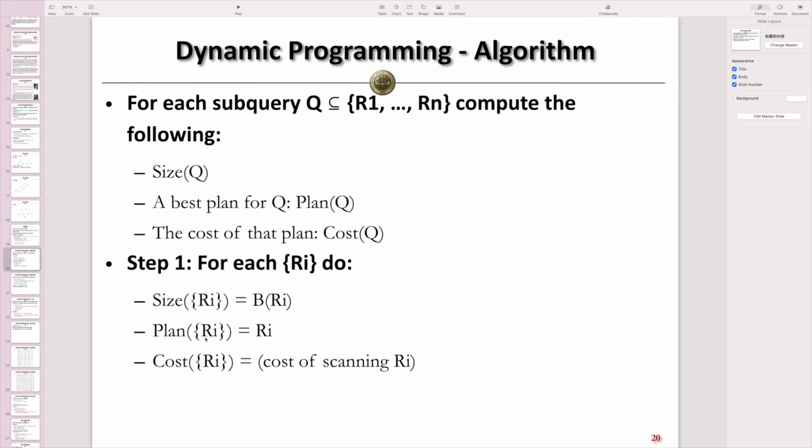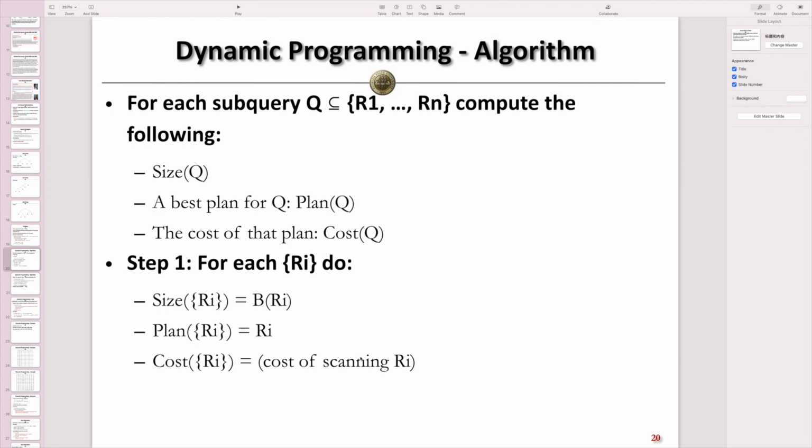Therefore, the plan for this individual Ri will be equal to Ri directly, and the final term will be the cost, right? So the cost for the subquery on Ri will be equal to the cost for scanning this Ri, right? We already mentioned this before, because when we are loading the relation into memory, we have to scan it, right? The cost of joining one single relation will be equal to the scanning cost for this relation.